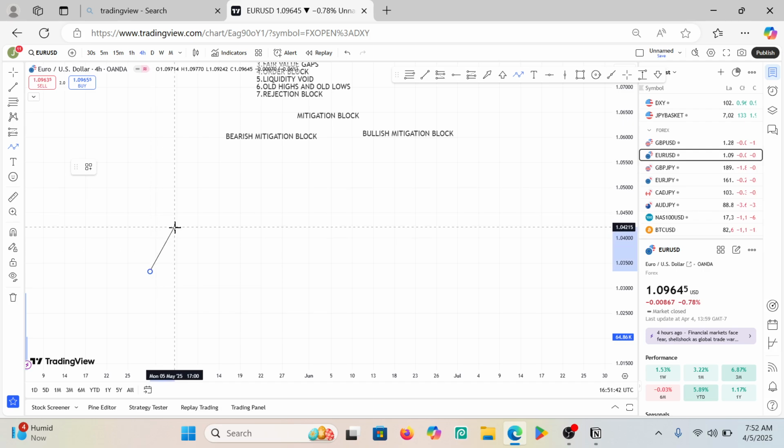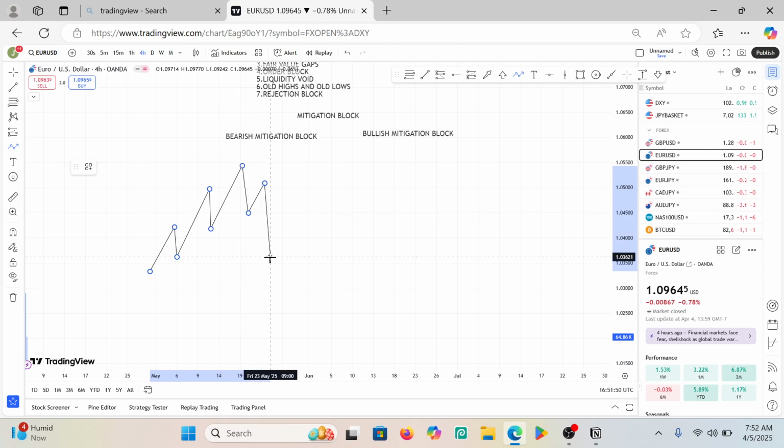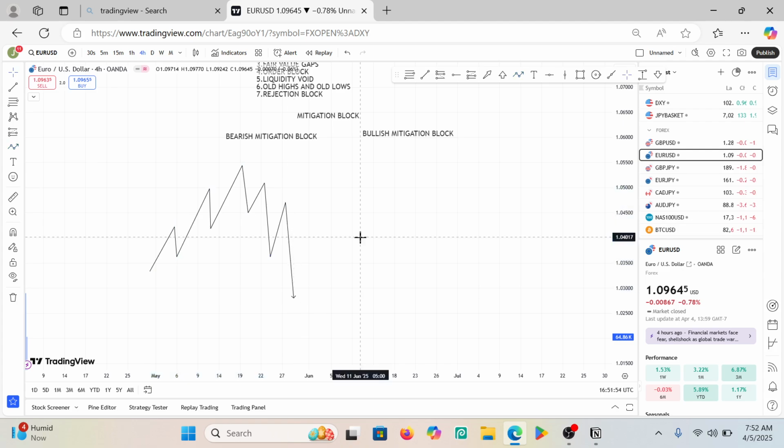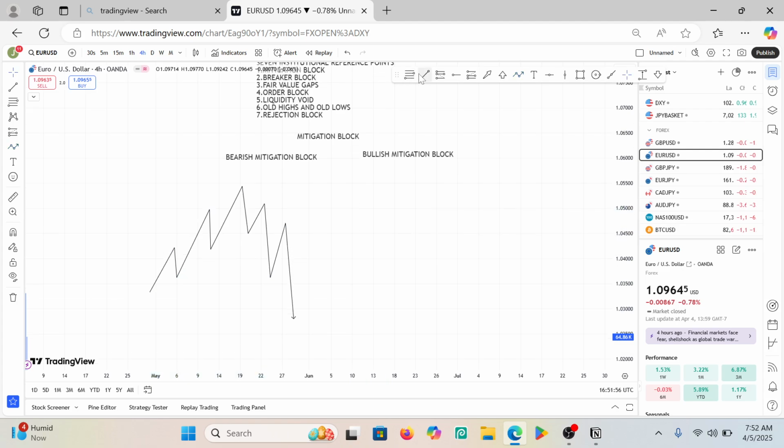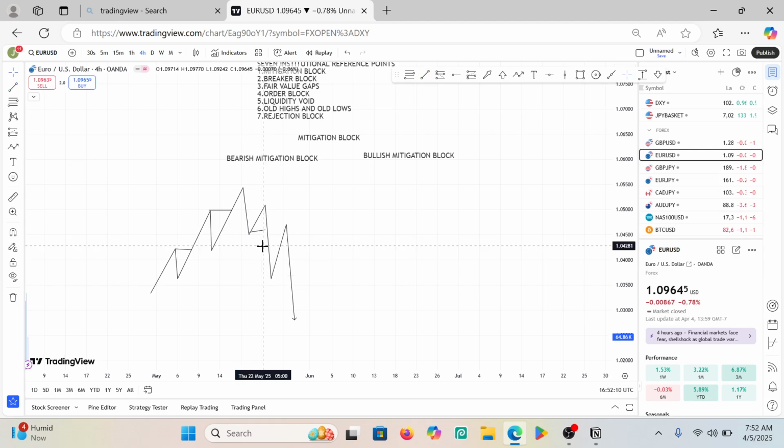The market was recently on an uptrend. The market was breaking structure, and we came across a market structure shift.